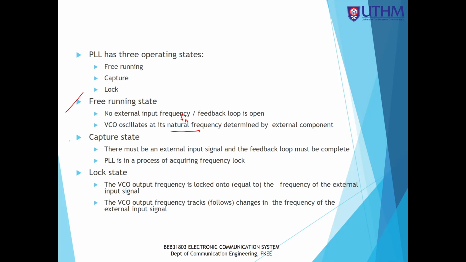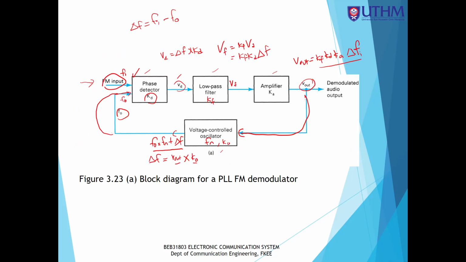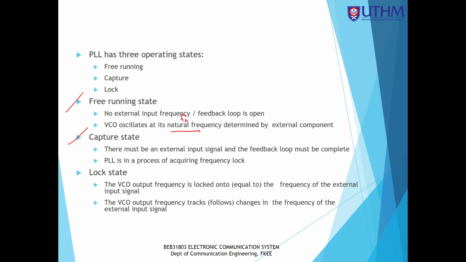Then what? Then there's input. Adanya input. When there's input, that means the phase detector will start comparing to find the desired frequency. There must be external input and the feedback loop must be complete, so there will be feedback.